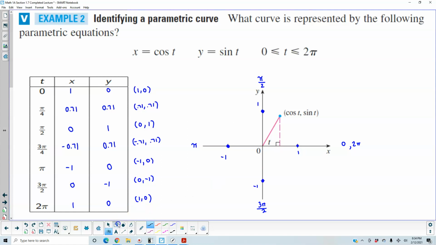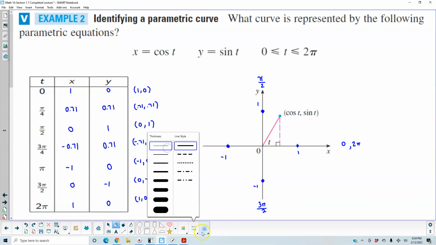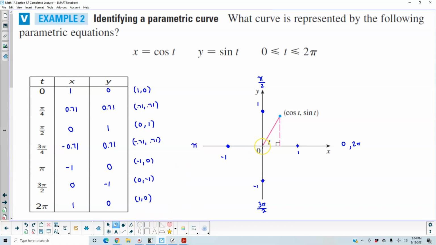So let's go ahead and trace this. So starting here at the center, you should see that we end up with a circle. So here is our circle.